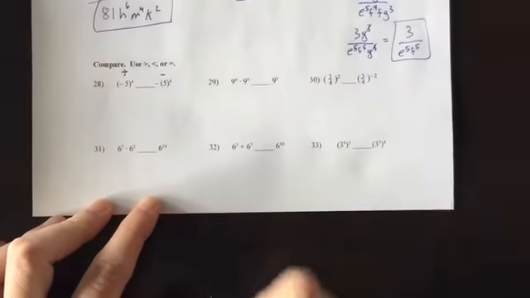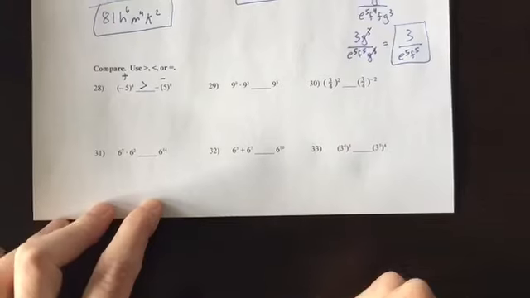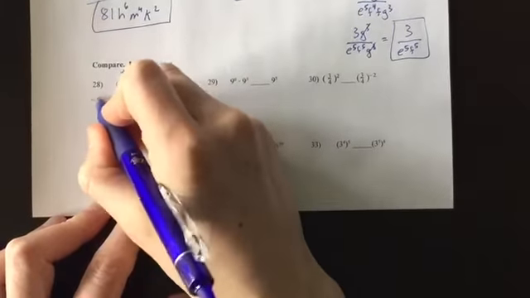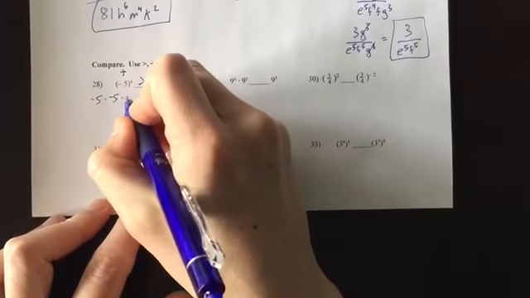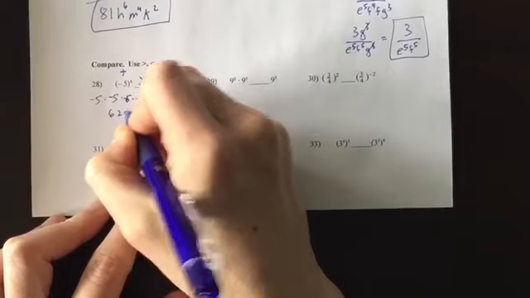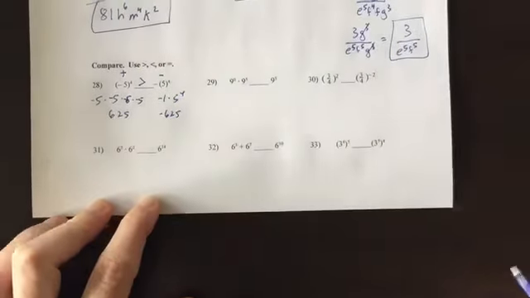Here, it's going to be a negative. They're both 5 to the 4th, so I know the 5 to the 4th that's positive is going to be larger. If you use your calculator, you can find, to be certain, this one's going to be positive 625. This one's going to be negative 625.